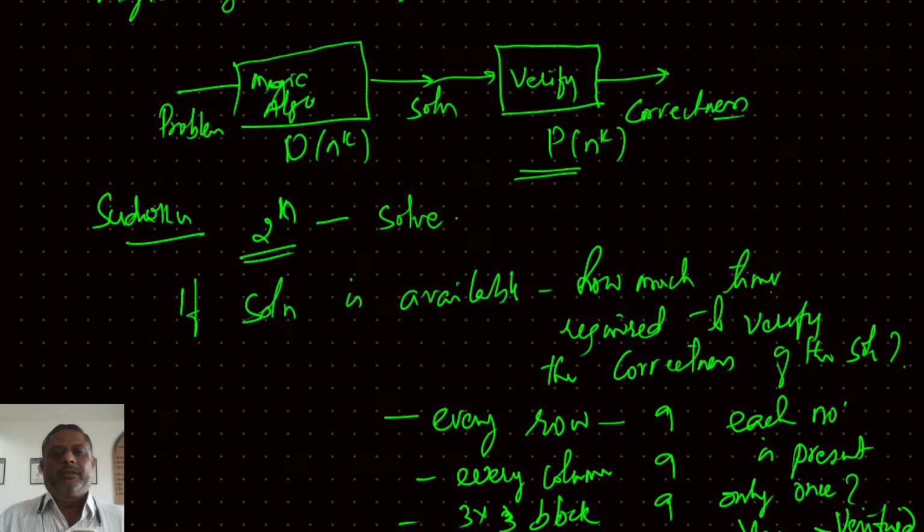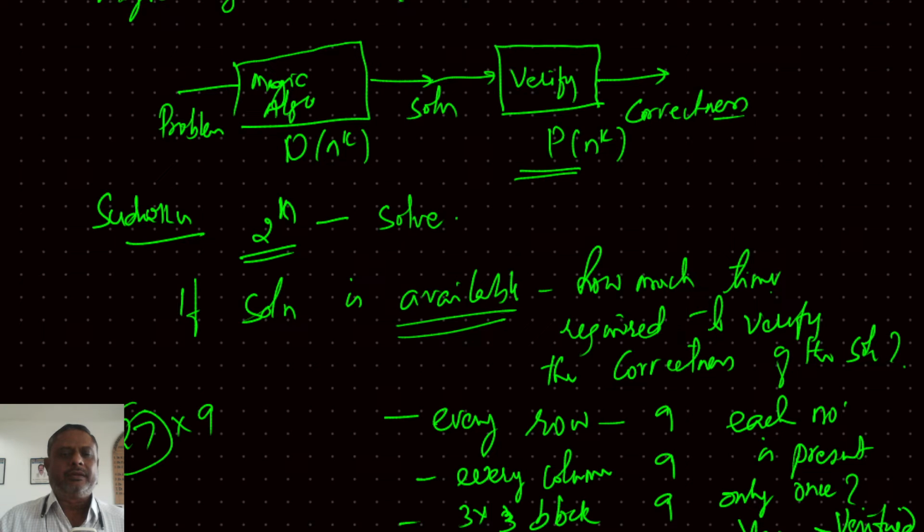So what are we doing? I don't know how this was solved. Somebody said that that's the answer. And if this answer is made available to us, how much time do we require to verify it? Definitely 9 rows, 9 columns, 9 blocks, so totally 27 things to check, and there are 9 numbers in each.